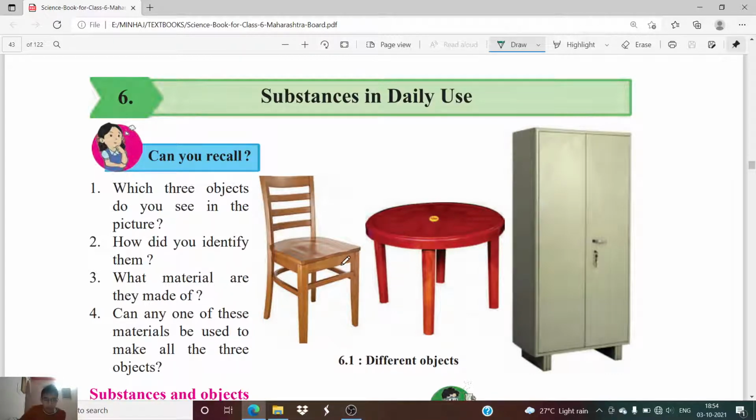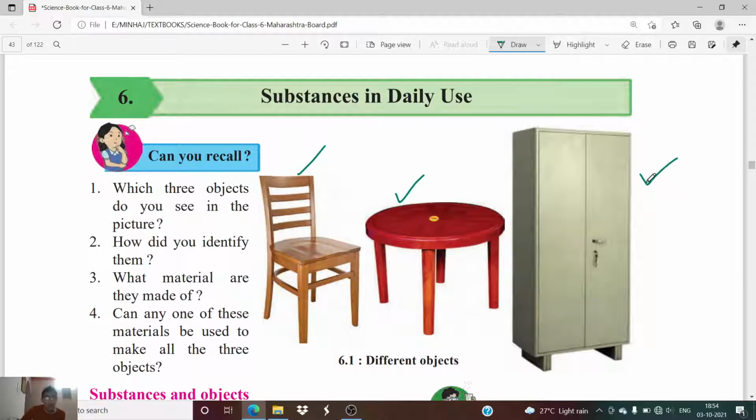By looking at the shape and size of the object, we have identified what kind of object they are, and we can also identify the material these objects are made of. So we know this chair is made of wood, so it is a wooden chair. This table is made of plastic, so it is a plastic table. And this cupboard is made of steel, so it is a steel cupboard.